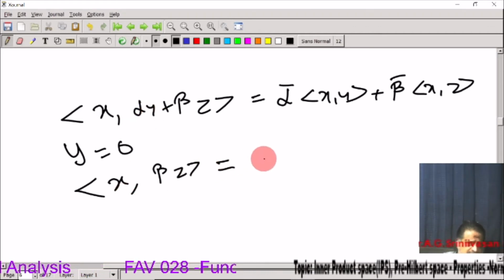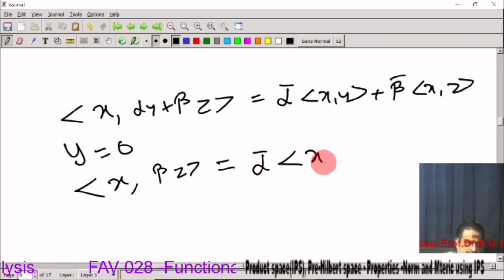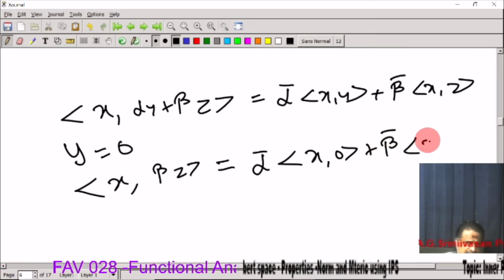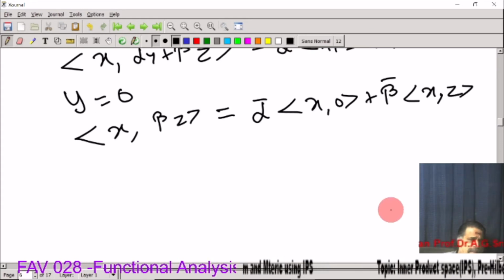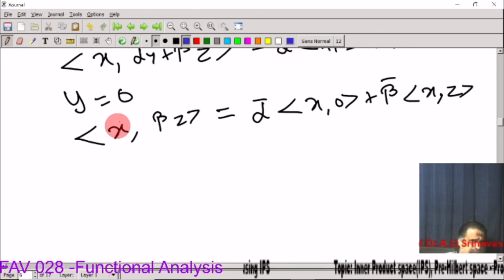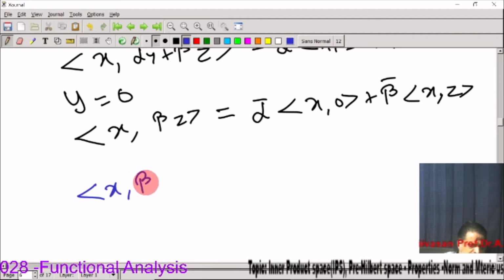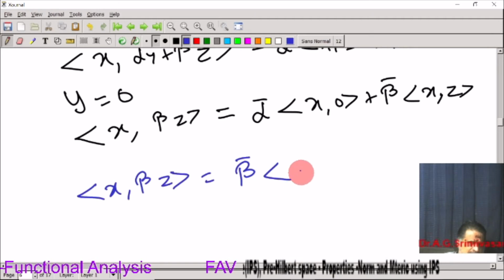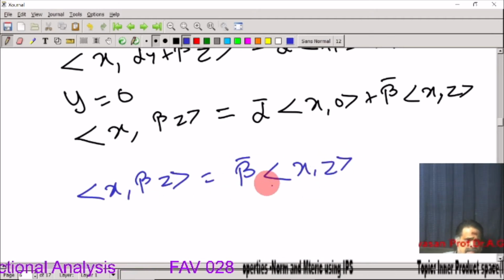On the right hand side, this is alpha bar, and y is 0 we have taken, so x comma 0, plus beta bar xz, no change. But from the discussion we had a few minutes back, the inner product x comma beta z, where beta is in the second component, is the same as beta bar inner product xz.